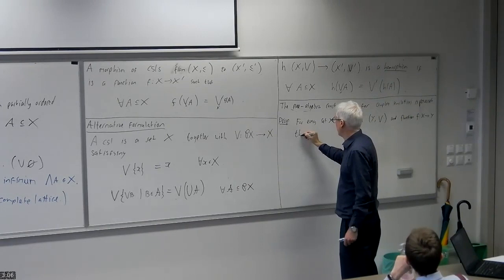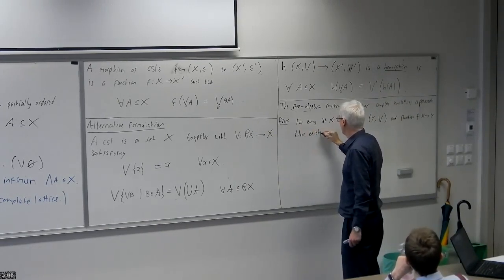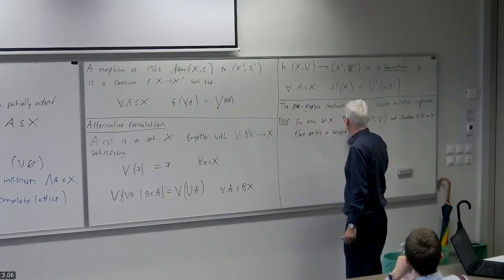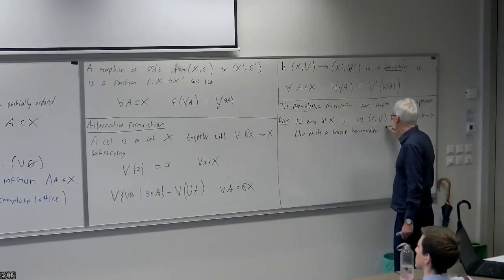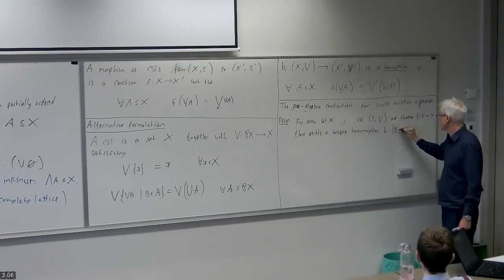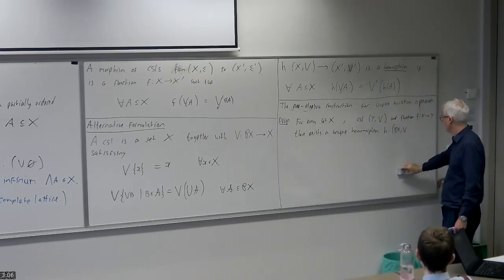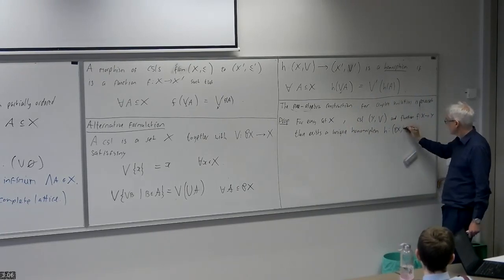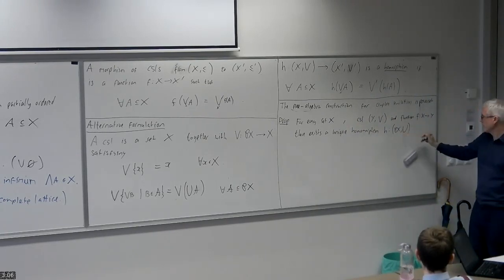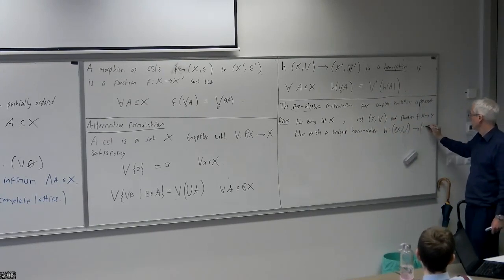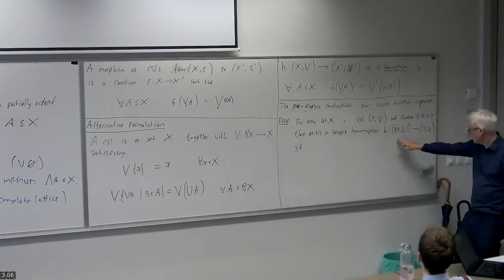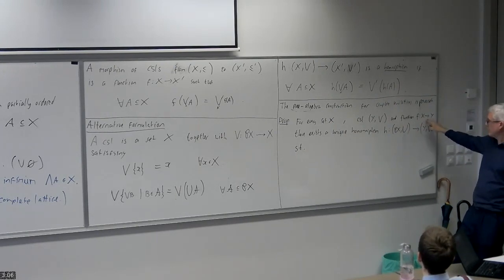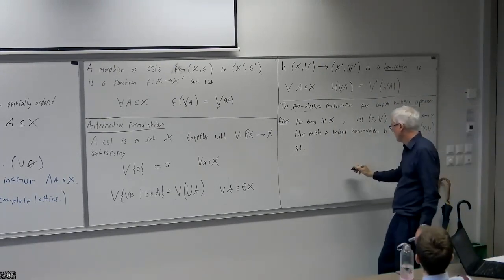So that means there exists a unique homomorphism H from the power set of X, with the union operation as its complete semilattice structure, to Y with its given join operation, such that this operation extends the function from X to Y in the following way.